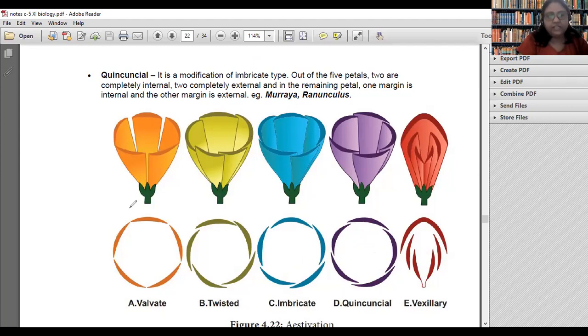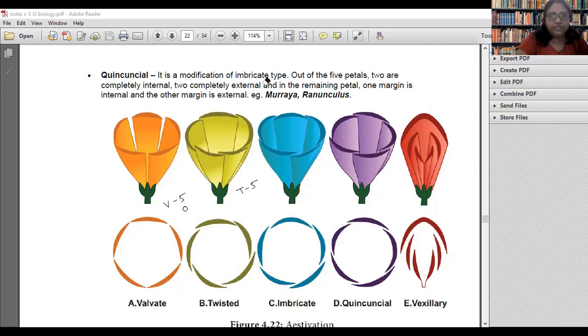Okay. In case of valvate, you can write that valvate is having 5 where all are out.